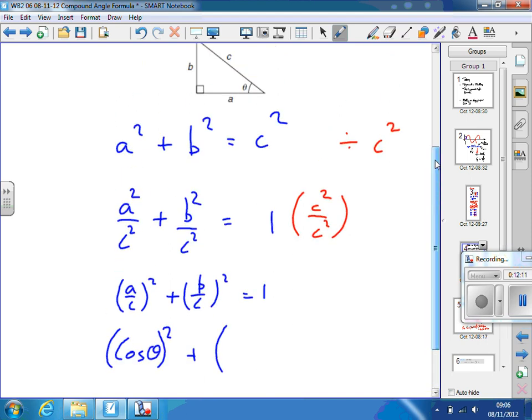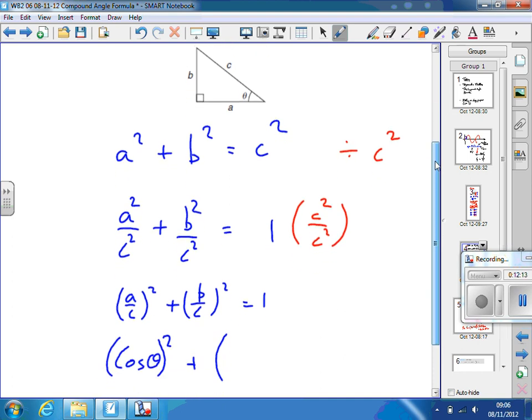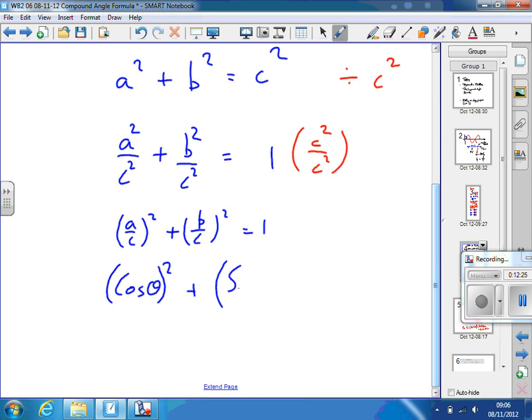What would b over c represent in that right-angled triangle? Opposite over hypotenuse, which is sine. So sine theta squared equals 1. So we end up with another identity: the cosine of theta squared plus the sine of theta squared equals 1.